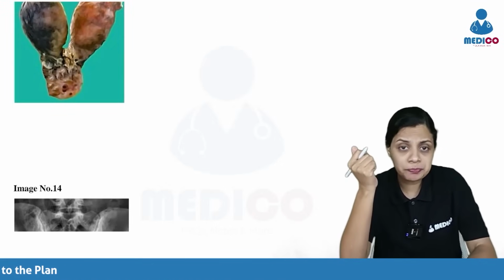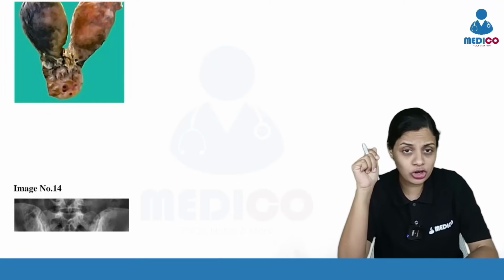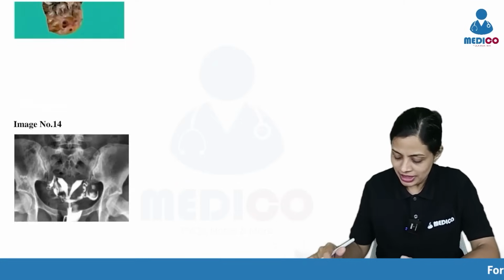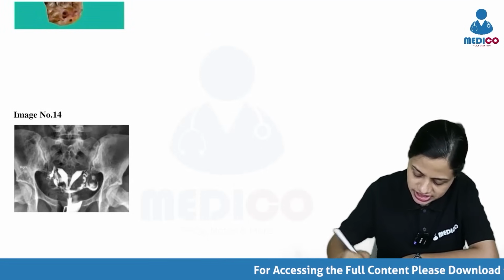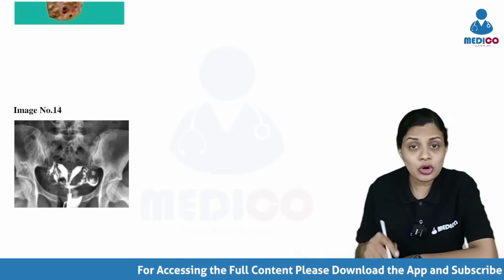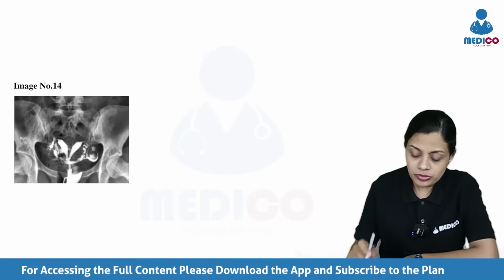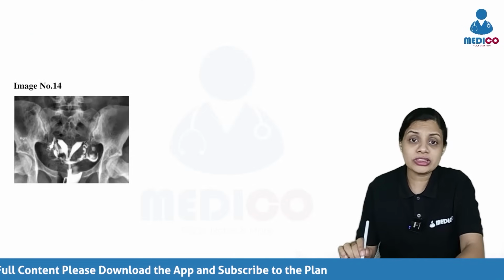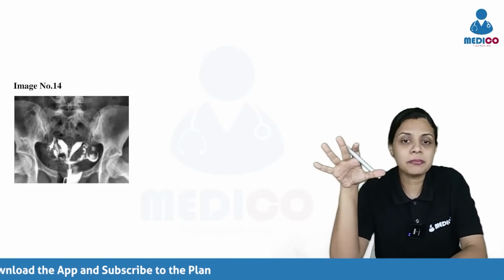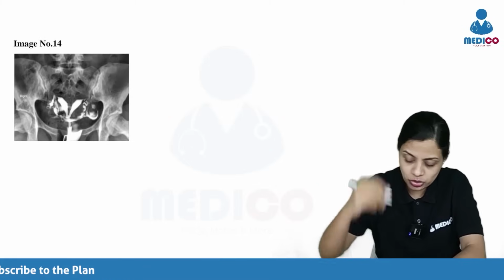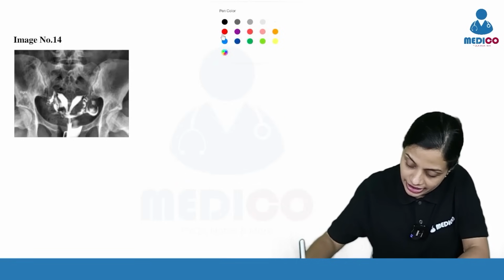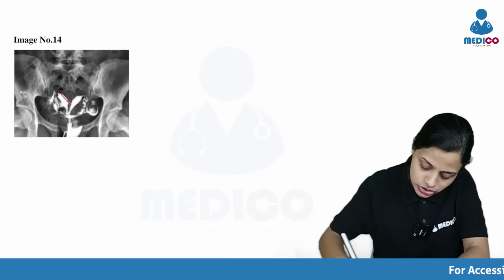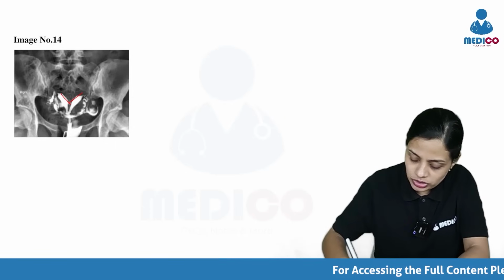We said that Müllerian anomalies can be identified by the HSG. Look here, it has got two separate horns, right? But the fallopian tubes are all patent. How do you know whether it is a bicornuate uterus or a septate uterus? In this case, you have to look at the uterine angle between the two horns. Look at this angle.